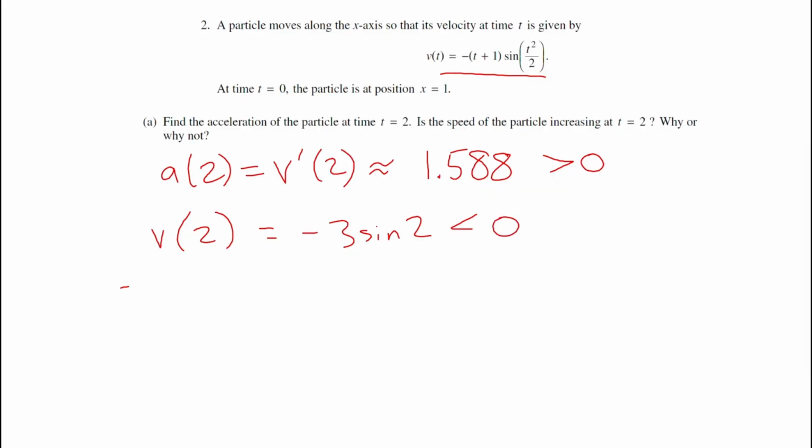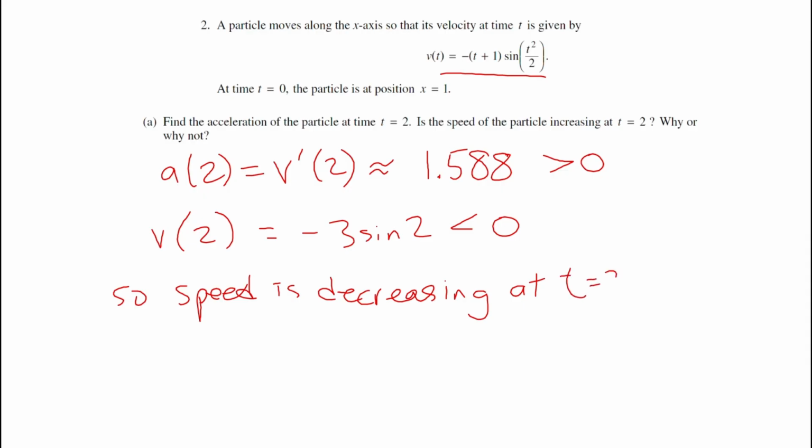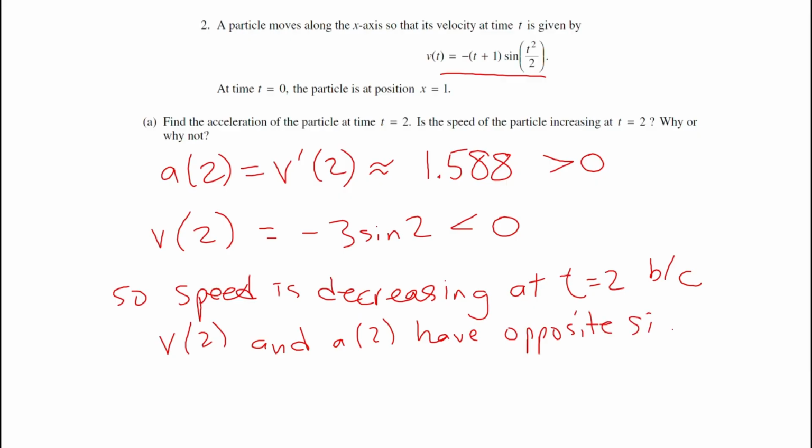And you can say, so speed is decreasing at t equals 2 because v of 2 and a of 2 have opposite signs. And you got 2 points there, 1 for the value of a of 2 and 1 for the answer with the reason.